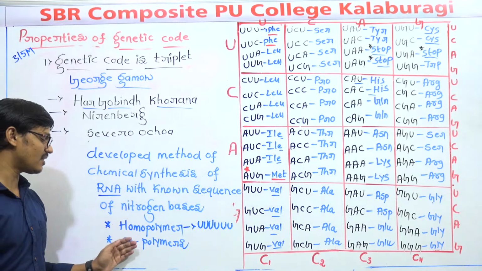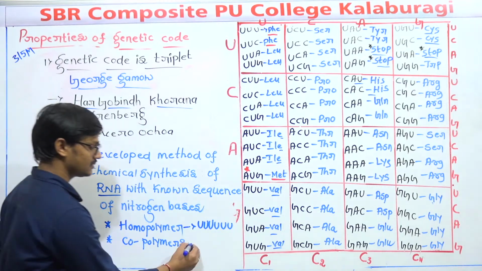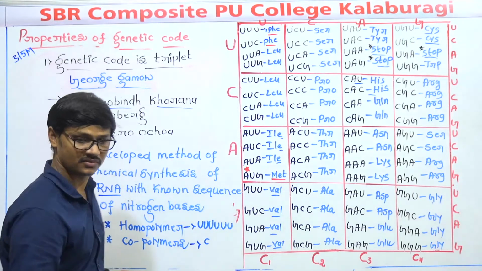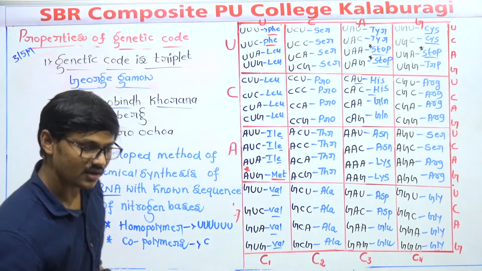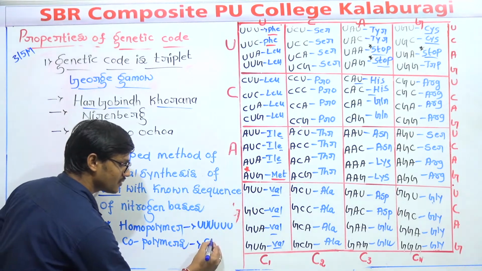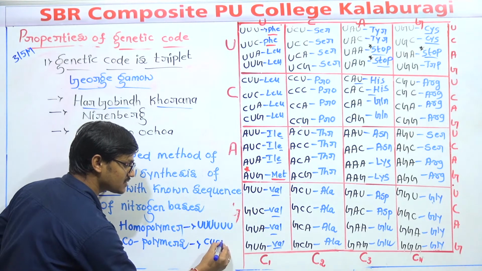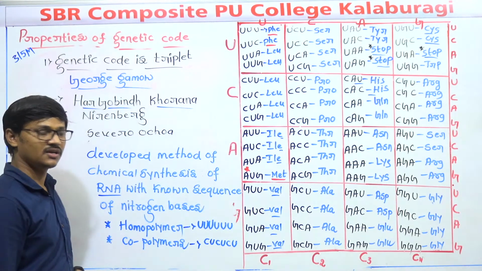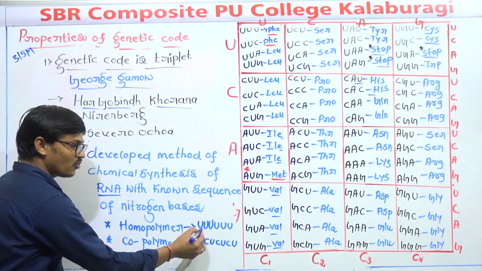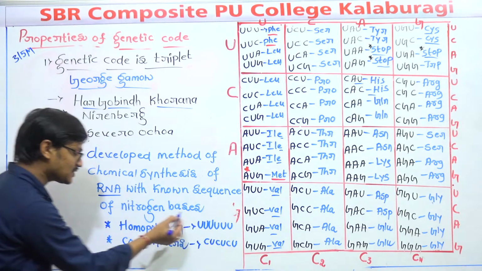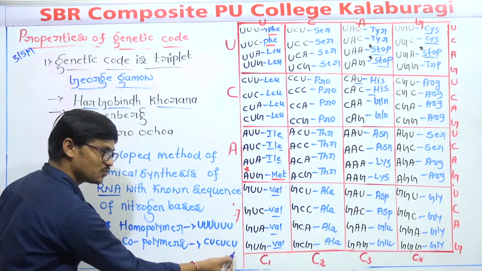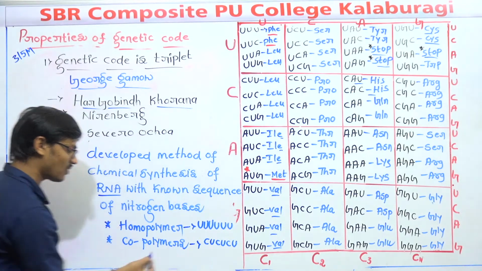And what is the meaning of copolymer? In another type of RNA, he used 2 nitrogen bases, CU, like this. The RNA which has only U, meaning uracil, is called a homopolymer. The RNA which has CU, cytosine and uracil, is called a copolymer.